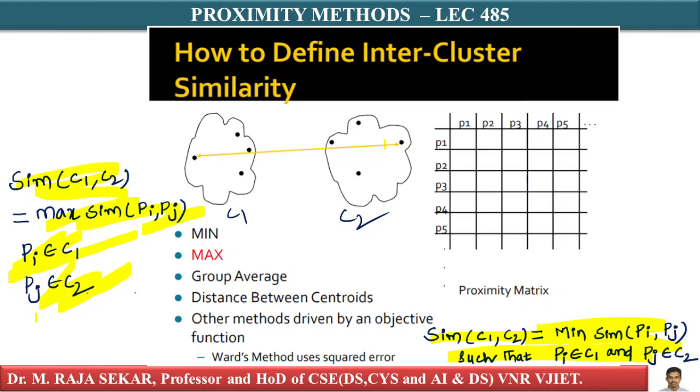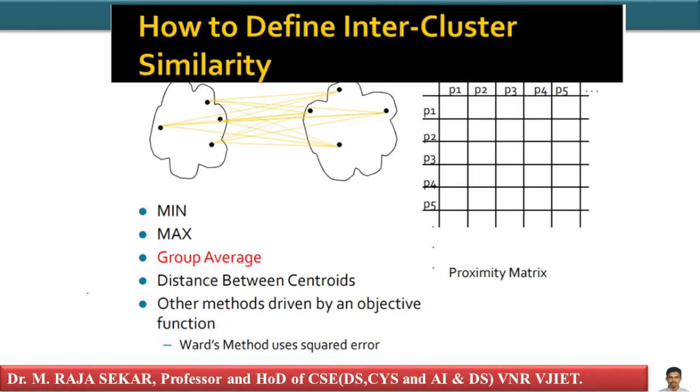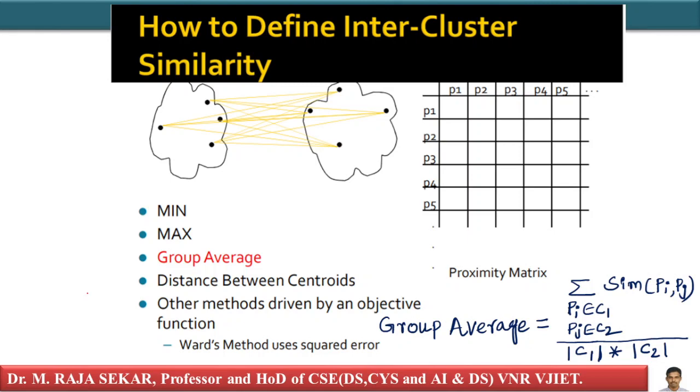The third approach is called group average, which says take every pair of points, compute the similarities and take the average. Group average can be written as the sum over Pi belongs to C1, Pj belongs to C2, of similarity of Pi, Pj, divided by the number of points in C1 times the number of points in C2.